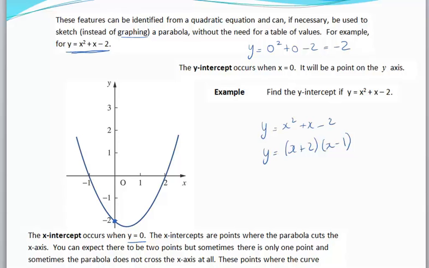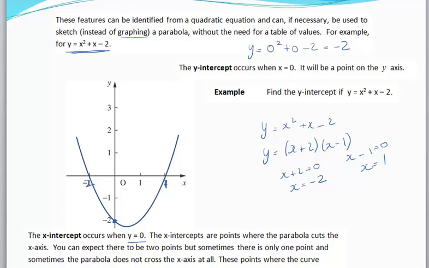So here either x plus 2 is equal to 0 or x minus 1 is equal to 0. So x is equal to minus 2, x is equal to 1. So here we have, and it's drawn wrongly on here, we should have minus 2 and we should have 1 here.